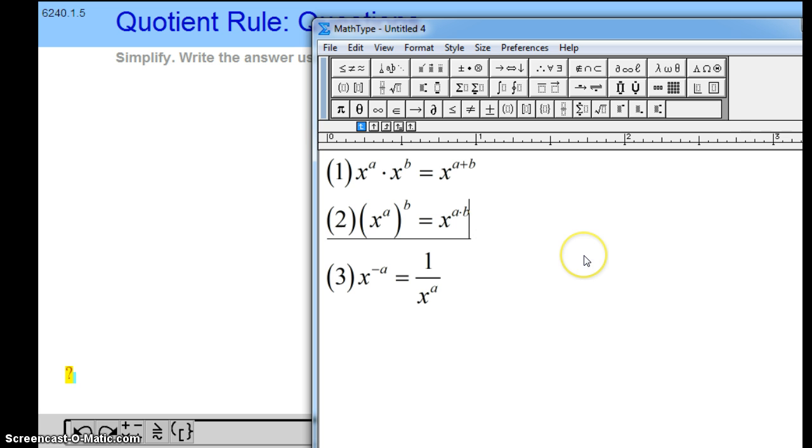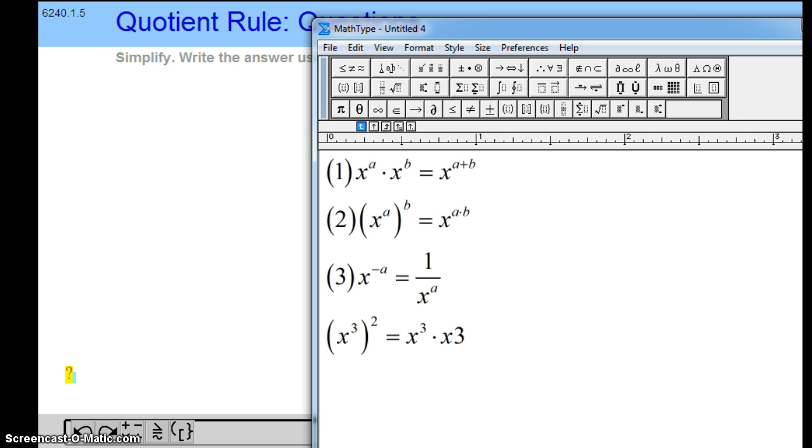Let me give you a quick example of why that is. If we have x to the 3 squared, what is that? That is just x to the 3 times x to the 3, right? Anything squared is just it times itself.